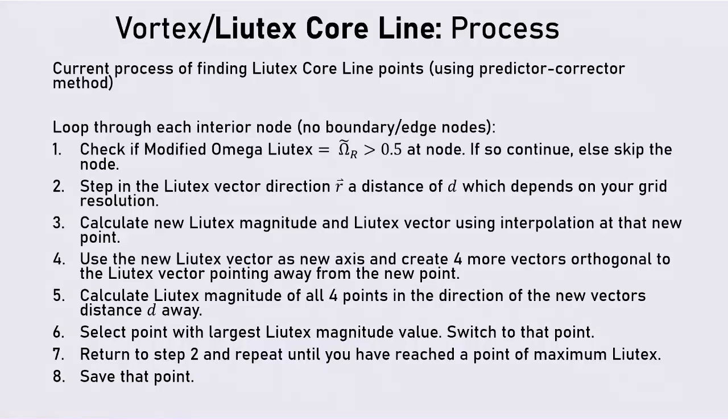That way we can get in between the volume or the space and find exactly where we're going. So this is your distance D. Right. So we're stepping in the direction of Liutex, a distance of D, which is reliant on our grid size.